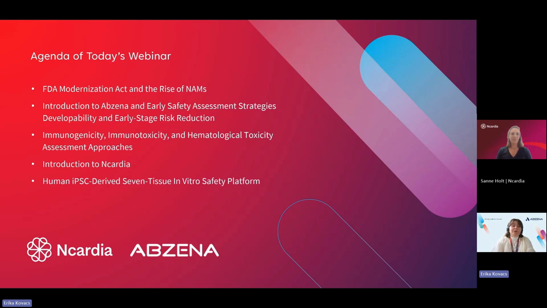Then I will move on to present some of our approaches we take for immunogenicity, immunotoxicity, and hematological toxicity de-risking. And at that point, I will hand over to my colleague, Sanne Holt from Ncardia, who will discuss some human iPSC-derived 7-tissue in vitro safety platforms and how you can use this to de-risk your program.